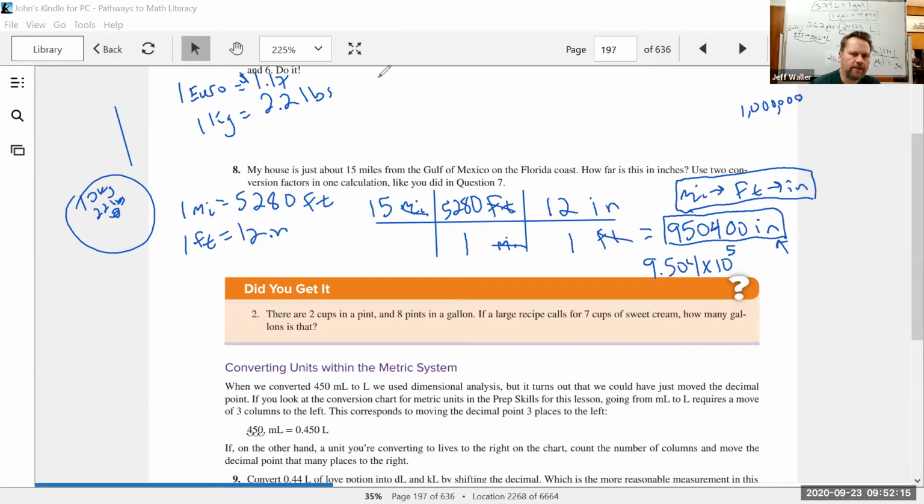So what if I had something that cost, let's say, 12 euros per kilogram? You with me? 12 euros per kilo.